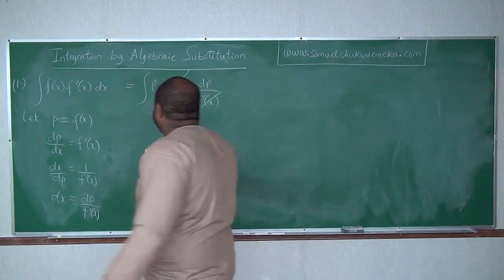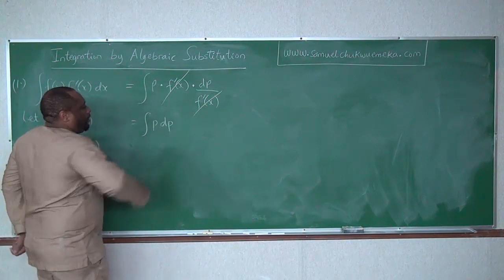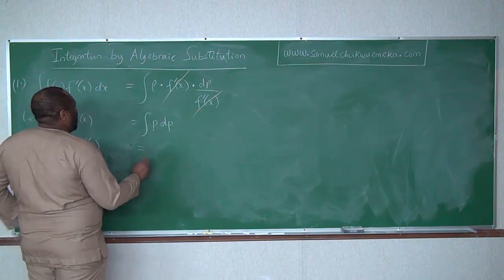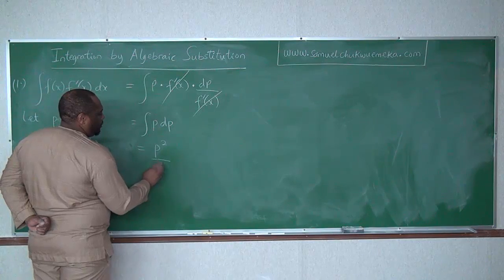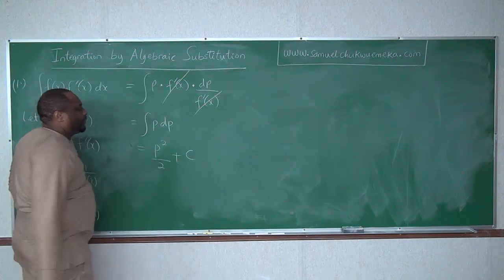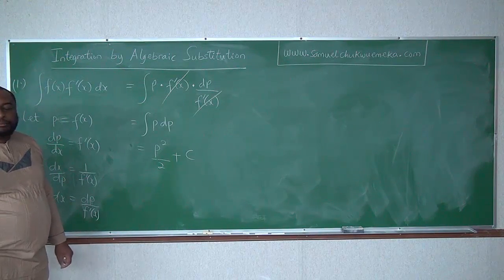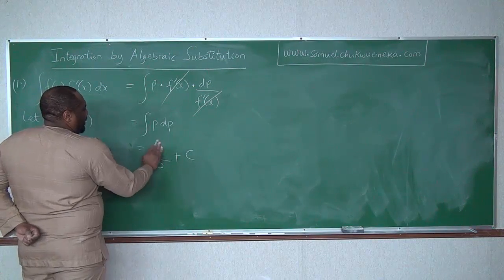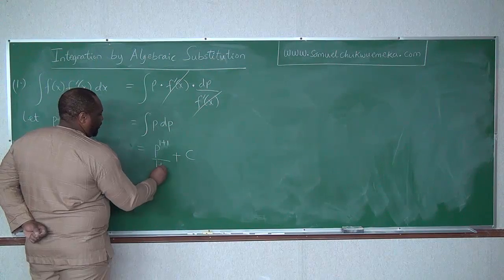Now we have the integral of p dp. And this gives us what? This gives us p squared over 2 plus c, of course, the power rule of integration. If you want me to show all my work, p to the 1 plus 1 over 1 plus 1 plus c.